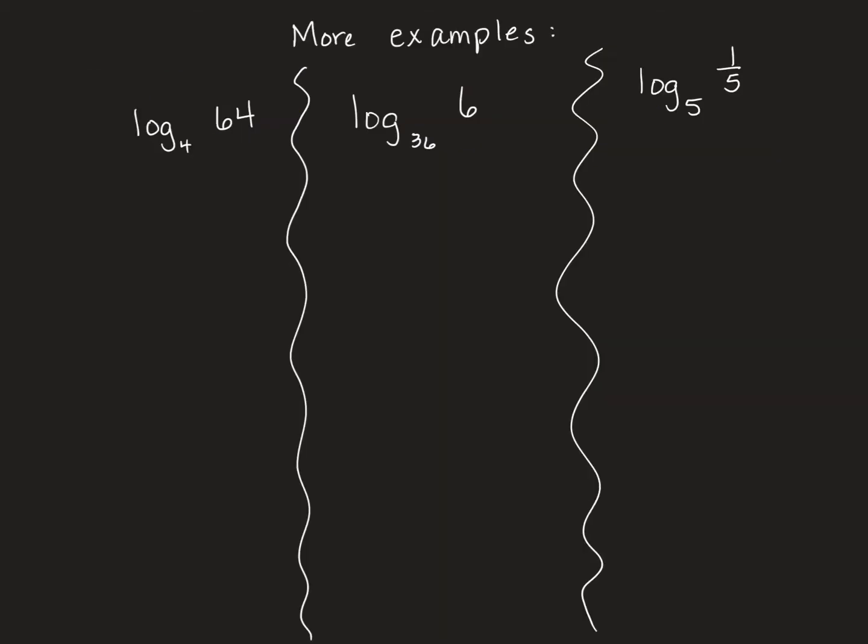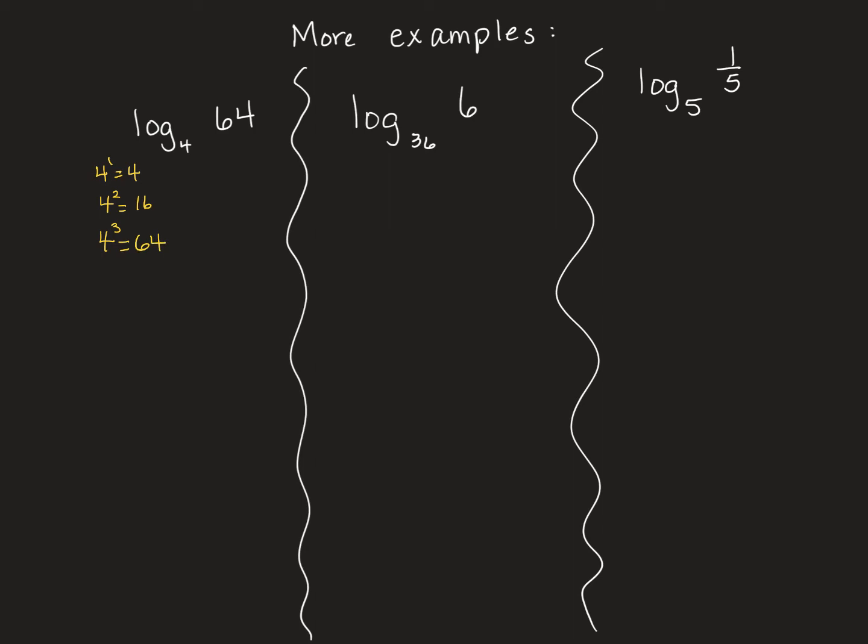All right, so here are some more examples so we can go through it again. And hopefully this time we don't get a lot of 3's. So let's look at the first one. It states log base 4 of 64. Again, I have to go through my powers of 4 to decide what I need. 4 to the first is 4, 4 to the second is 16, 4 to the third is 64.